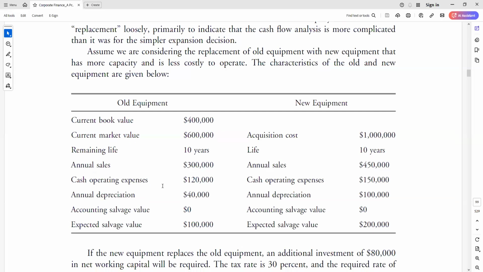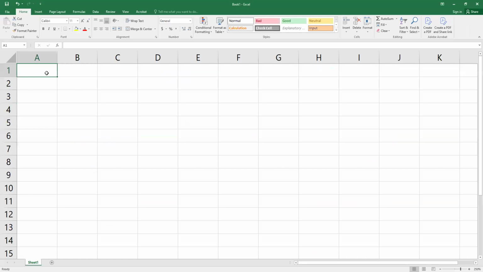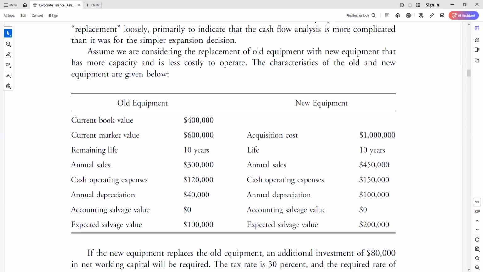Now, I will get this data and put it into Excel so that we can use it. So here, I will have the following. I have old, and I have sales. But before doing that, let me put all the data parameters like current book value, current market value.